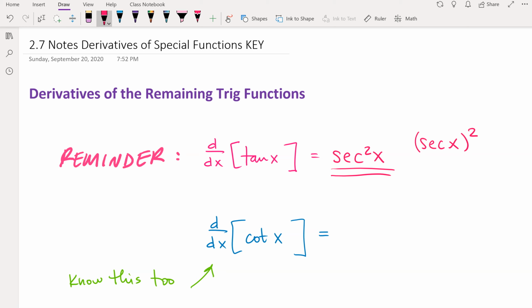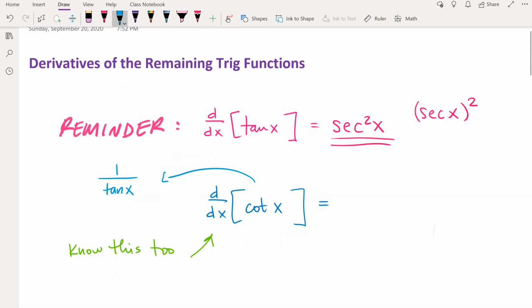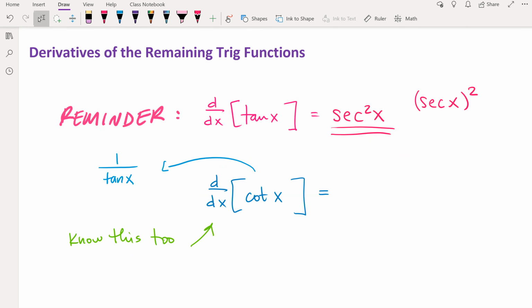If you were to use the quotient rule, and the fact that cotangent is the same as 1 over tan x, we could get to the derivative of cotangent. I'm not going to prove the derivatives because we don't really have time for that. So I'm just going to have you write down what the actual derivatives are, but they come from the quotient rule.